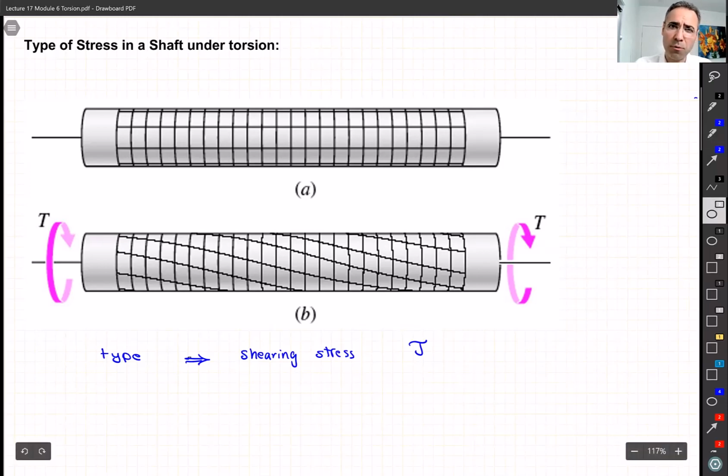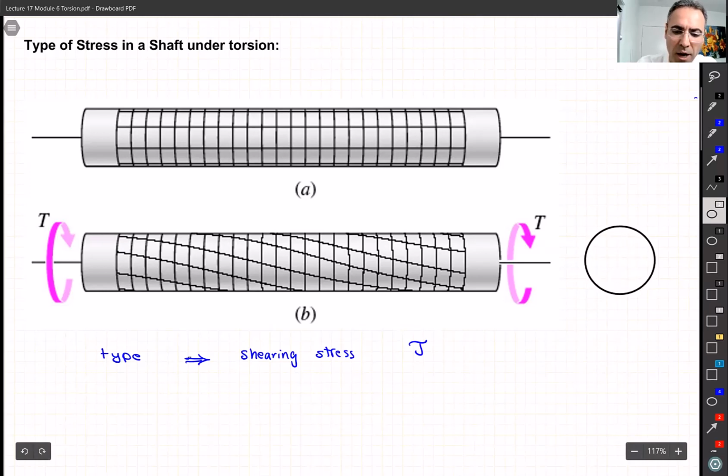And also the deformation. Is the length of this shaft going to become longer or shorter, like when we apply an axial load? The answer is no. It's going to twist, right? Which is sort of intuitive.